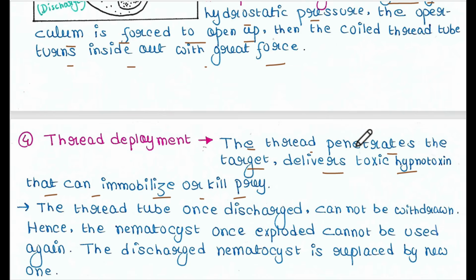The thread tube, once discharged, cannot be withdrawn. Hence, the nematocyst, once exploded, cannot be used again. The discharged nematocyst is replaced by a new one. So in this way, their defense system works.